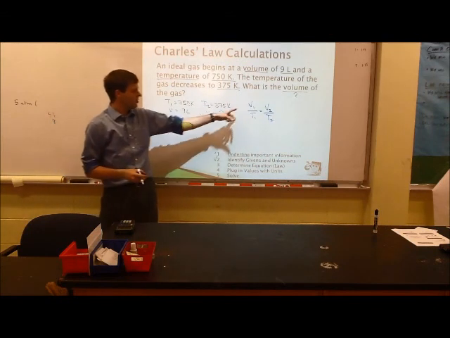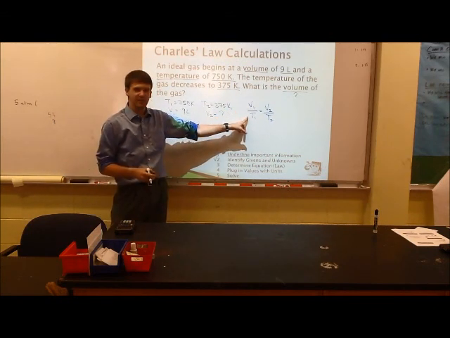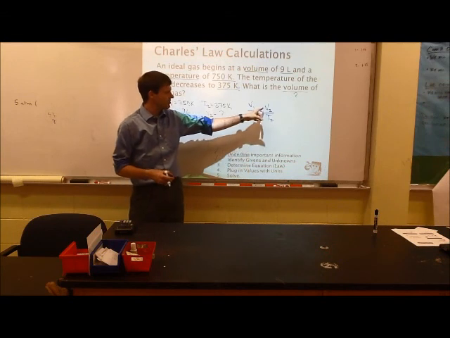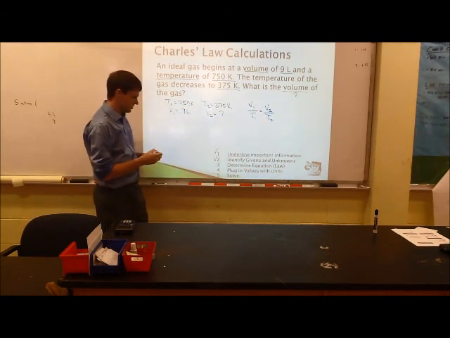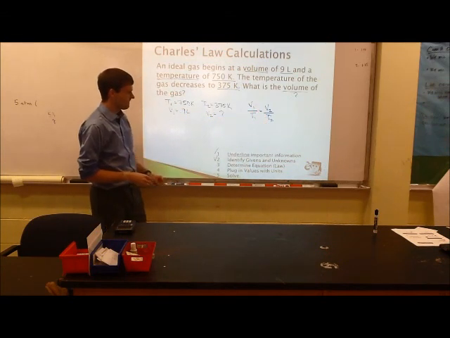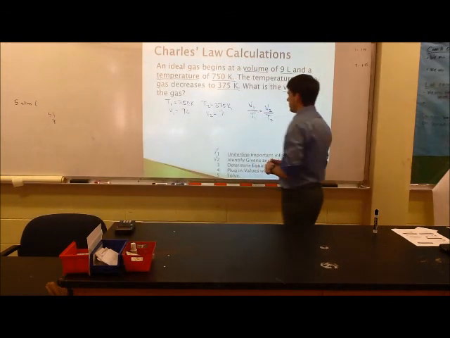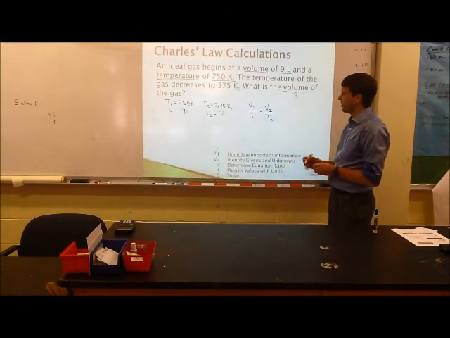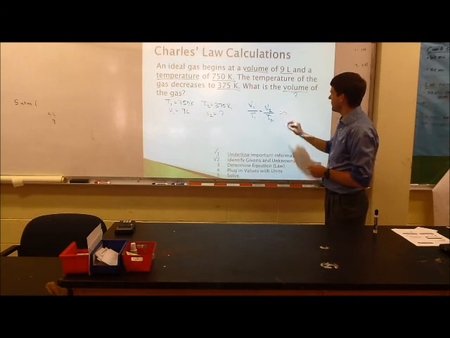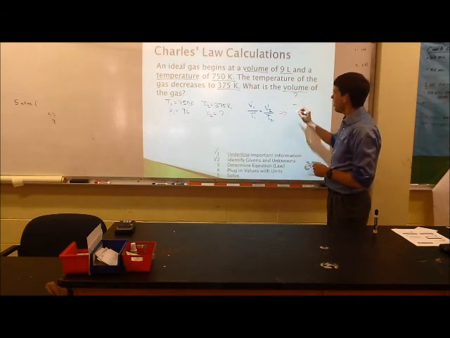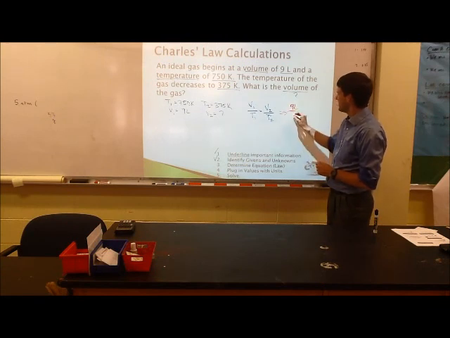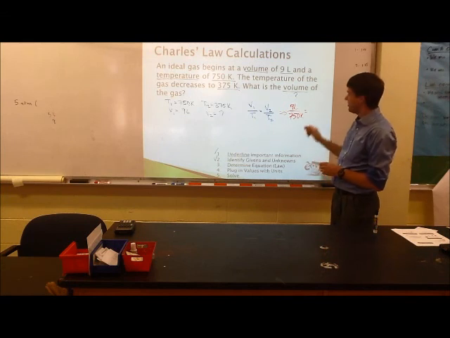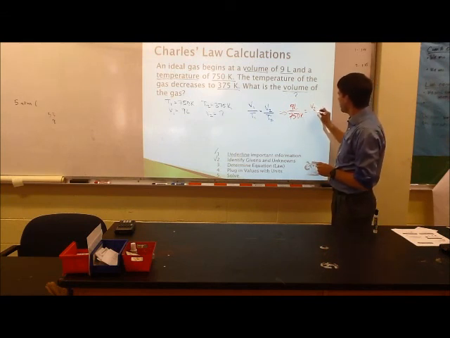So again, one volume at a given temperature is directly related to another volume at a given temperature. Plugging in, we're going to get 9 liters over 750 Kelvin equal to some volume over 375 Kelvin.